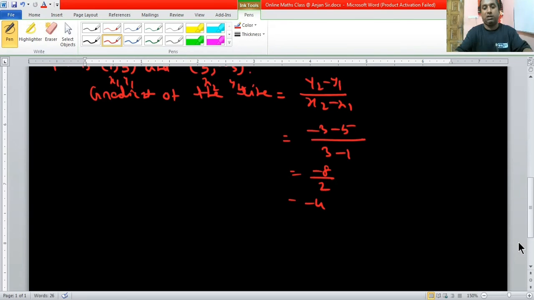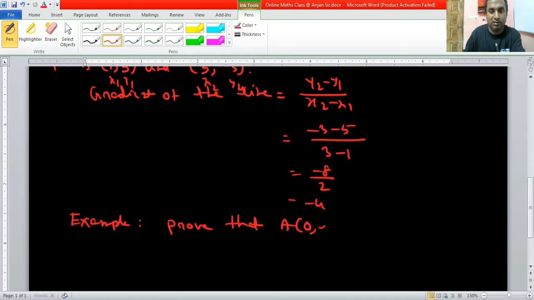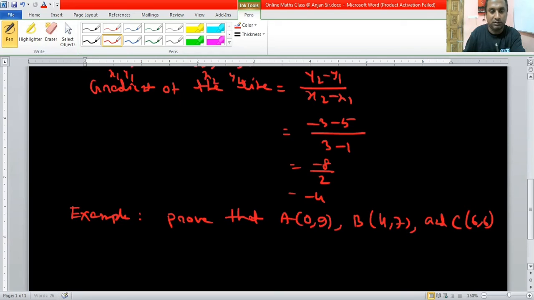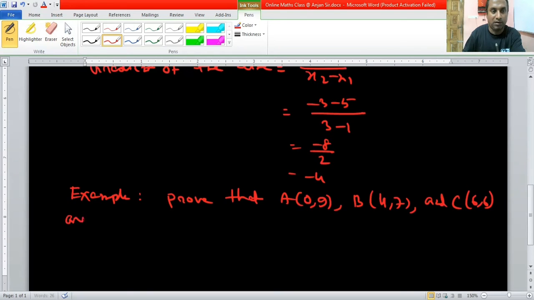Now if you see which is related to collinear, prove that the points are collinear. Example. Prove that A(0, 9), B(4, 7) and C(6, 6) are collinear.